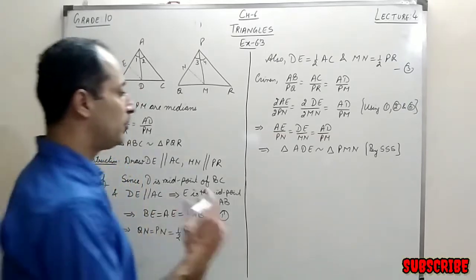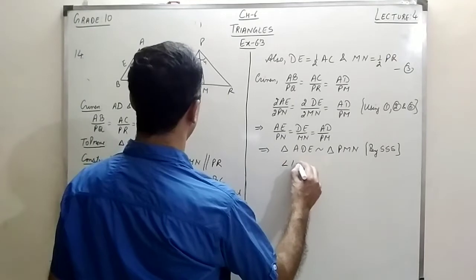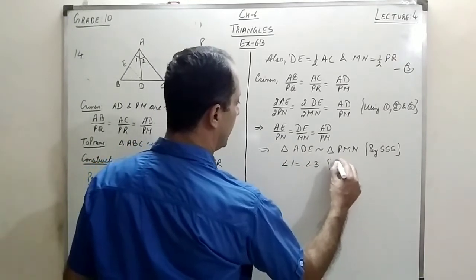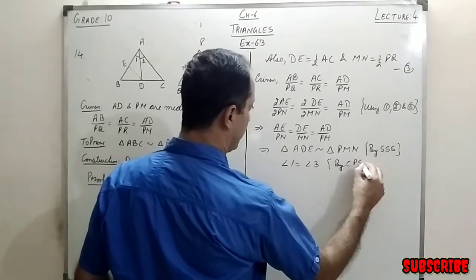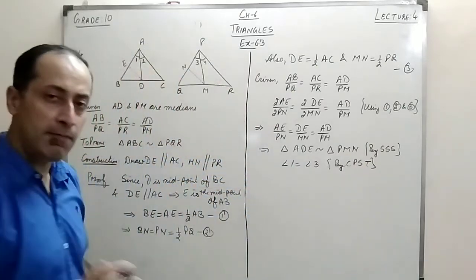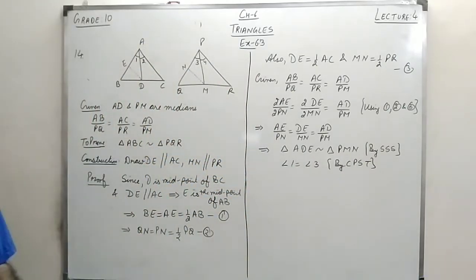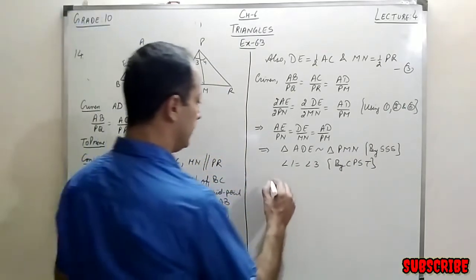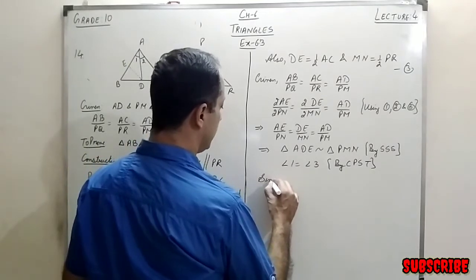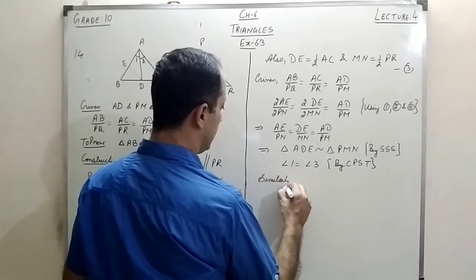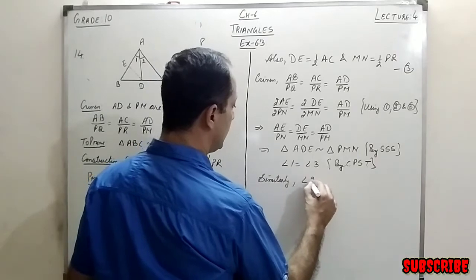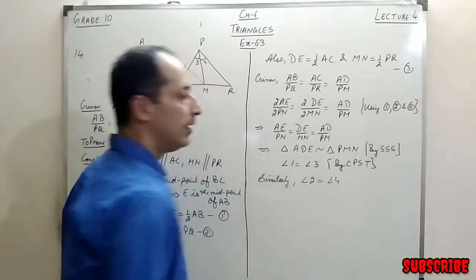So we can write here angle 1 is equal to angle 3 by CPST. So same way we can prove that angle 2 is equal to angle 4. I can write similarly angle 2 is equal to angle 4.